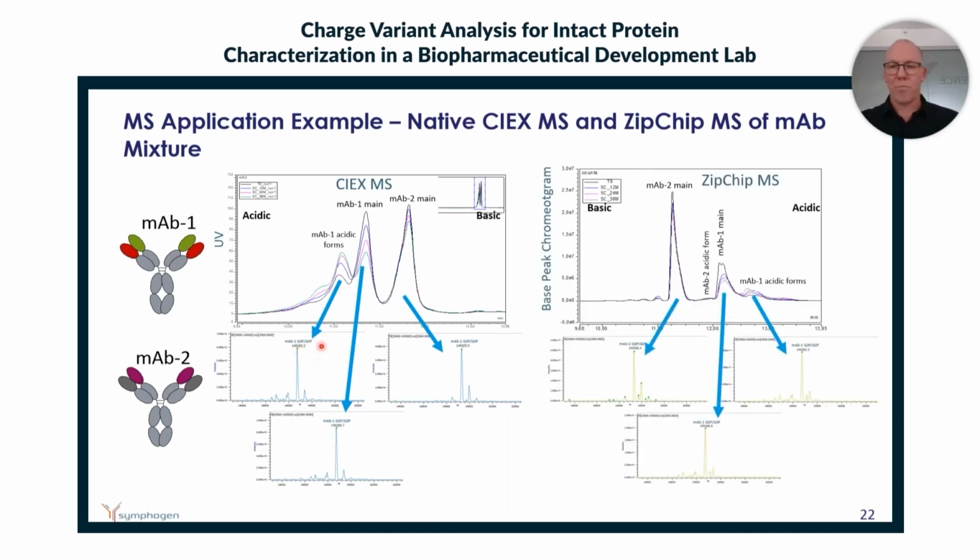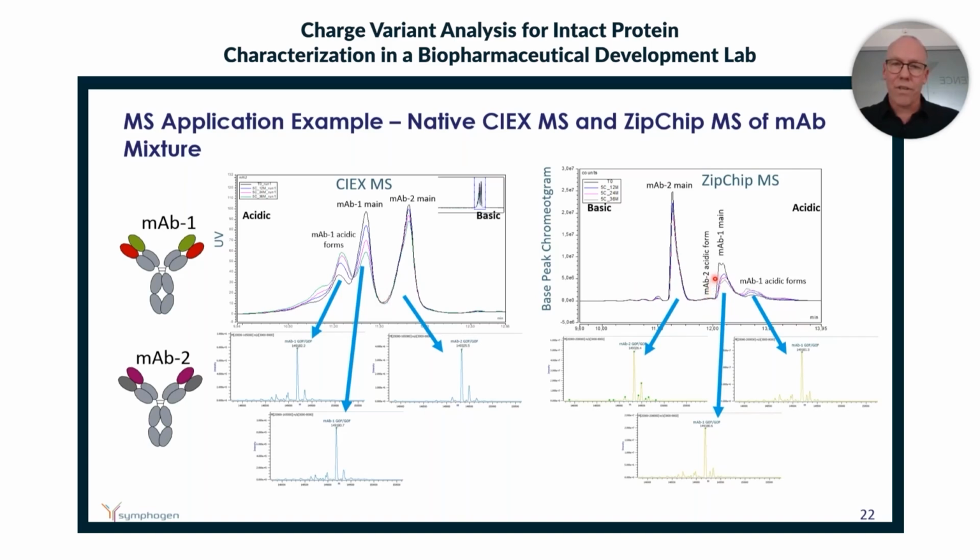Now, if we did it on the SIP chip, we get a reverse profile, but a similar pattern. And actually now we start to get a better separation between the different product variants. We can, for instance, see that there's actually an acidic form of antibody 2 migrating in front of antibody 1. We cannot do that because we don't have the resolution on the cation exchange.